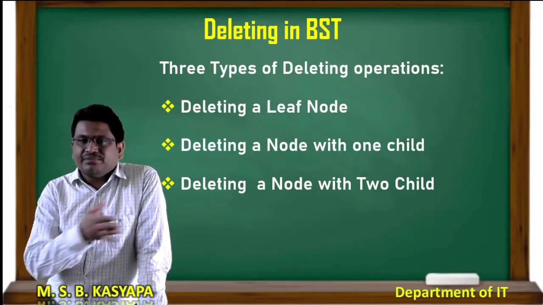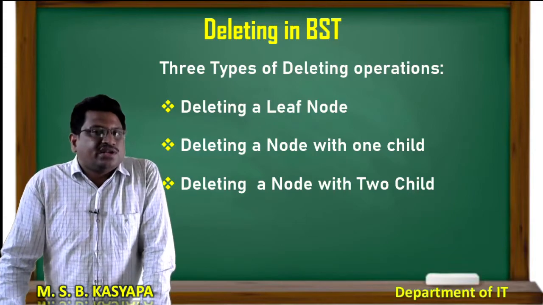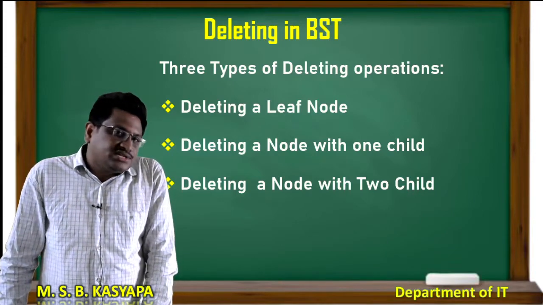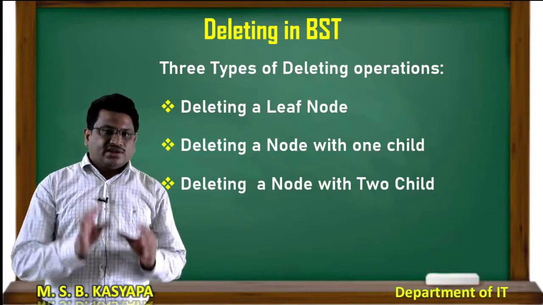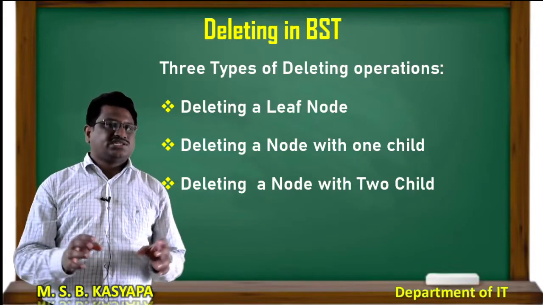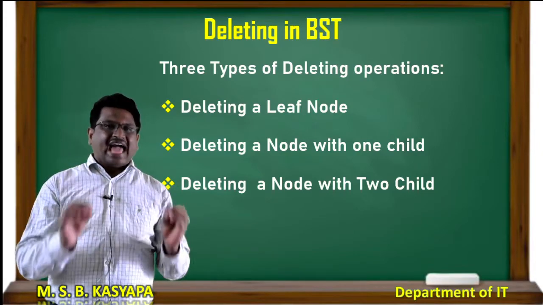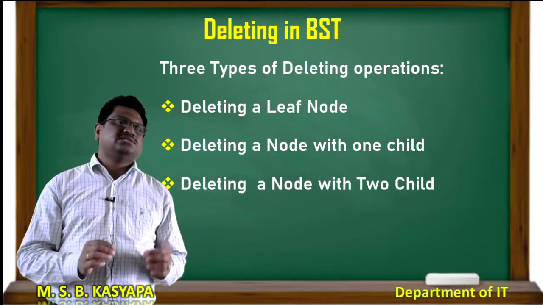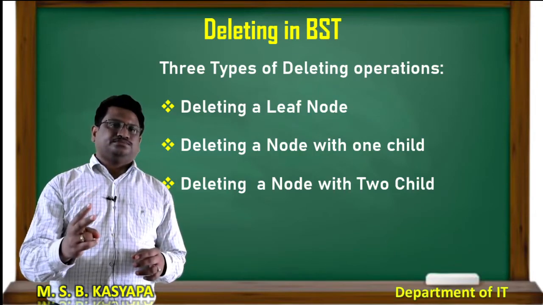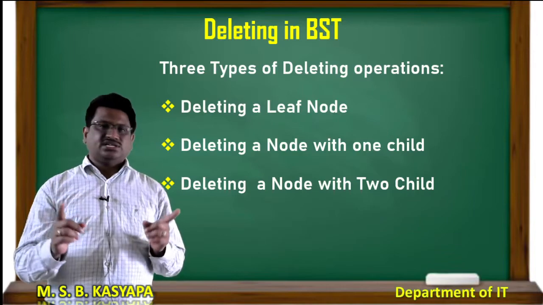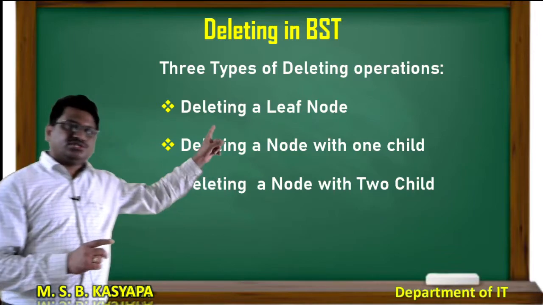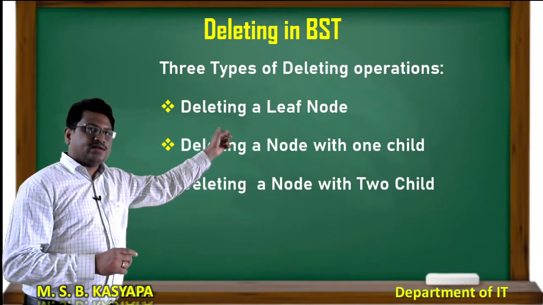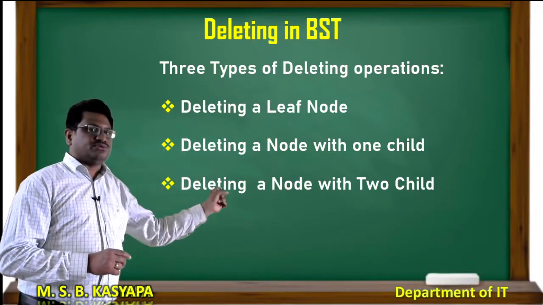If you compare with the main property of BST, what is the main property of a binary search tree? Each and every node must contain a maximum of 2 degree. 2 degree means 2 children. 0, 1, 2 is the degree. 0 means no children, which means leaf node. 1 means only one child, and 2 means 2 children.